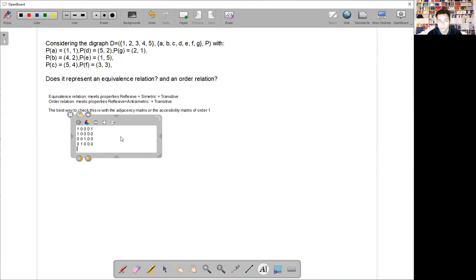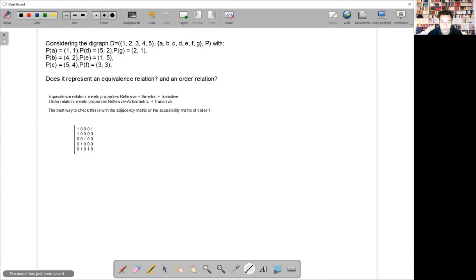We go to the fifth row, and we don't have any path of length 1 from 5 to 1. We have 1 from 5 to 2, right? It is defined here. We don't have from 5 to 3. We have another path of length 1 from 5 to 4, right? And we don't have any path of length 1 from 5 to 5.